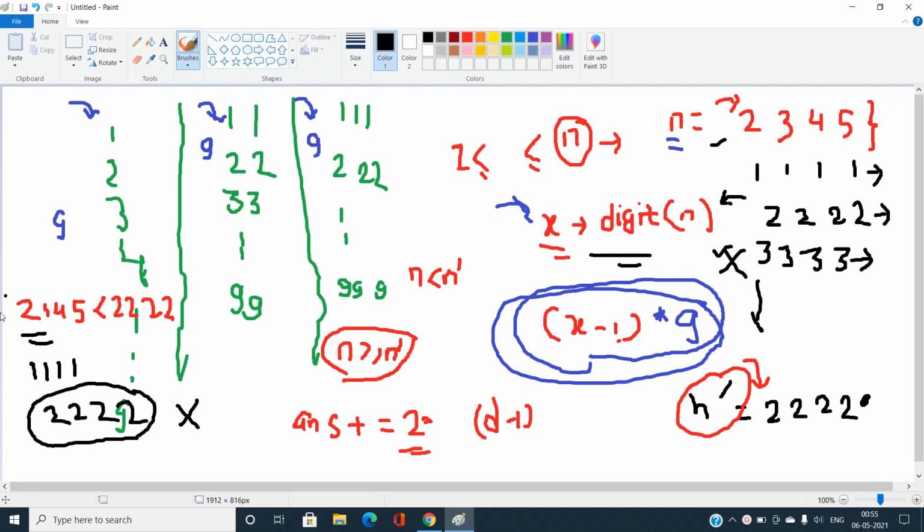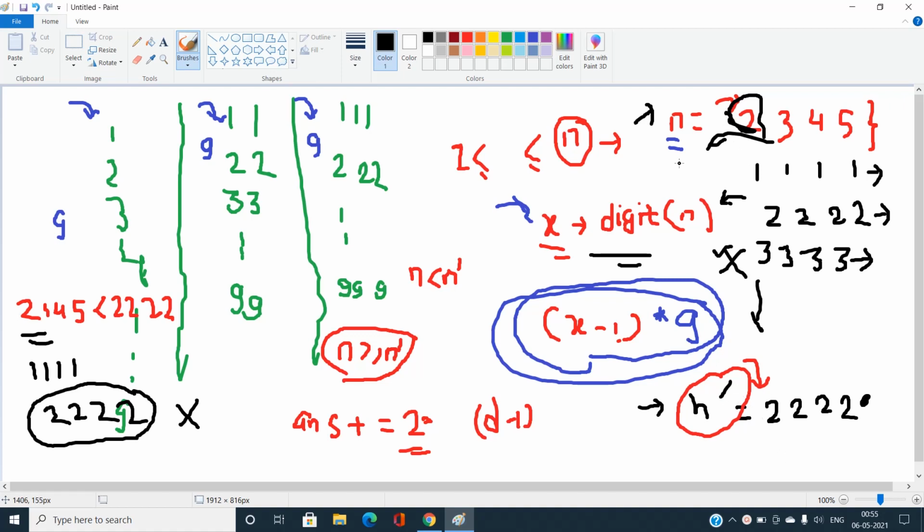So in general, if my n is this one, I will try to form a new number n dash whose every digit is exactly equal to the very first digit of this number. Okay, and let us compare n dash and n.